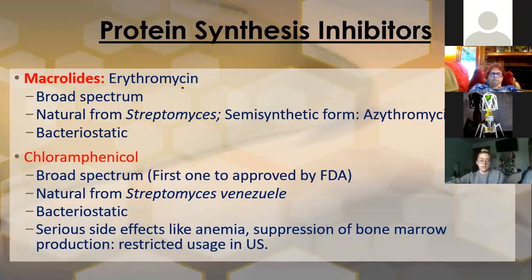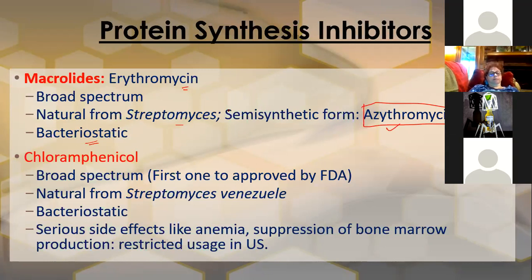Macrolides, for example erythromycin, are broad spectrum, natural from the Streptomyces group. The semi-synthetic form of erythromycin is azithromycin, which we still use, and they are bacteriostatic.